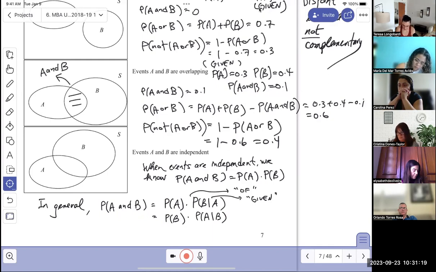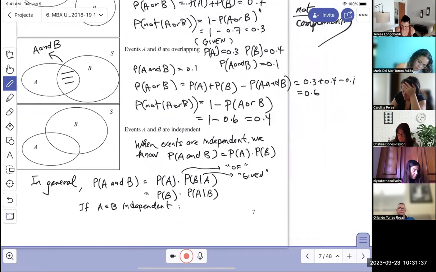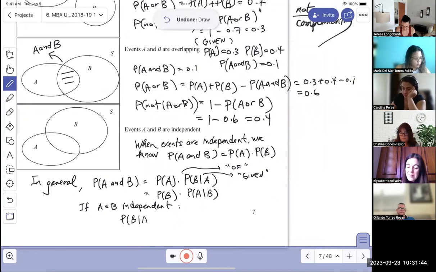If A and B are independent, however, then the chance that B happens given A happens doesn't change.